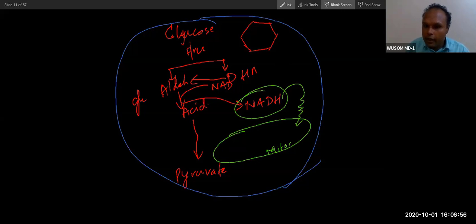NADH is a very big molecule. If you remember the full form, it is nicotinamide adenine dinucleotide. So two nucleotides are added, meaning two pentose sugars are added.